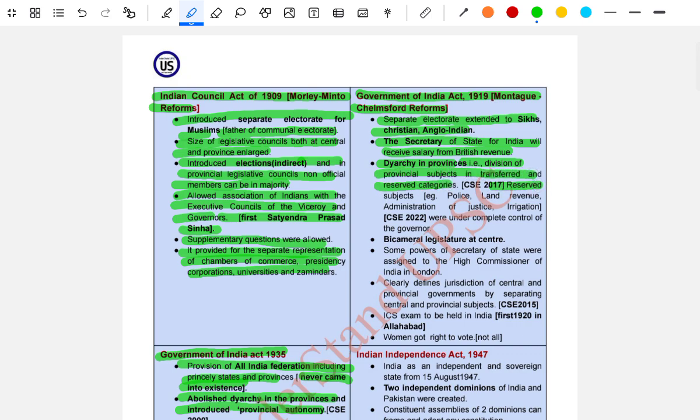The reserved subjects, for example police, land revenue, administration of justice and irrigation, were under the complete control of the Governor. There was a bicameral legislature at the center. Some powers of the Secretary of State were assigned to the High Commissioner of India.